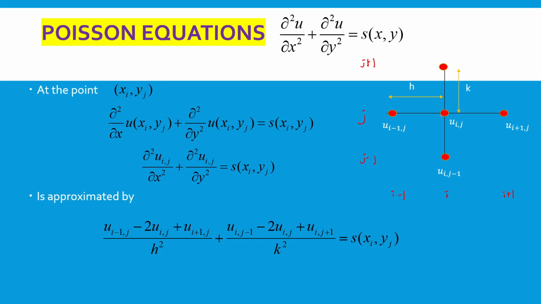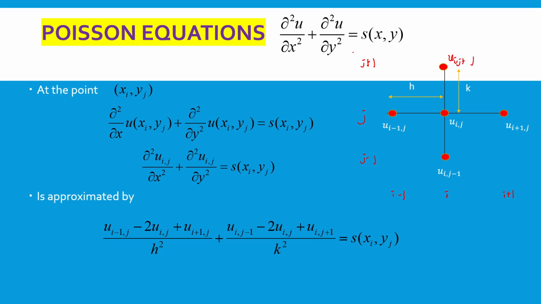So the center molecule cell here is uij. The right cell at level j is u(i+1,j). The left cell at level j is u(i-1,j). At the center line here, the bottom cell is u(i,j-1), because the vertical line is all standing at the point xi. The top is u(i,j+1).